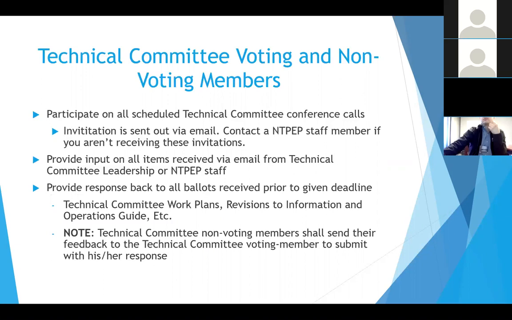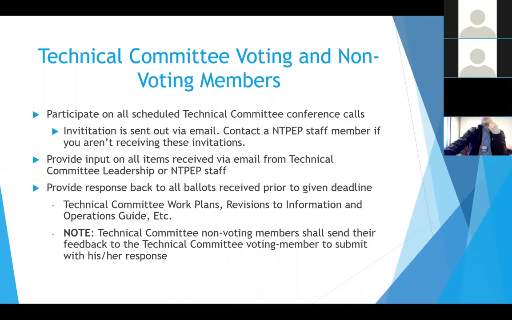Next thing is to provide response back to all ballots received prior to the given deadline, just like we talked about with the NTPEP voting and non-voting members. This relates to the technical committee work plans and any revisions to the operations and information guide. In the past, we have sent out ballots at the NTPEP voting and non-voting level.